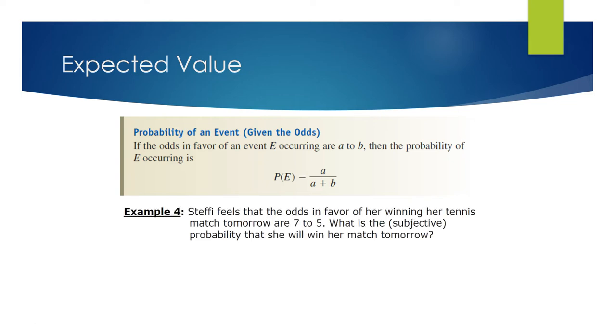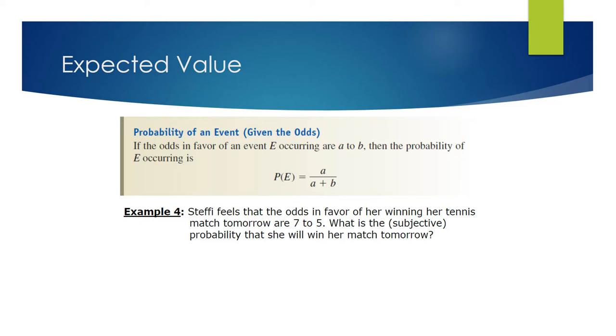So, if Steffi feels that the odds in favor of her winning her tennis match tomorrow are 7 to 5, what is the subjective probability that she will win her match? So basically, we don't know how accurate Steffi's feelings are and what they reflect, but based off of this, 7 to 5 odds means that 7 times she's going to win to 5 times her opponent's going to win.